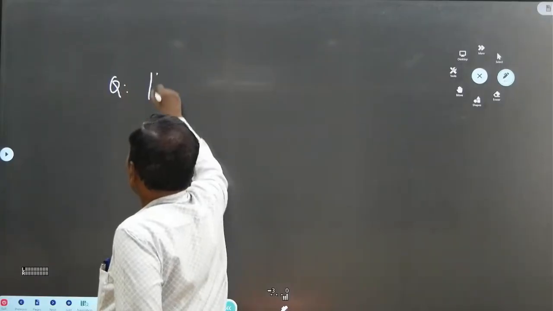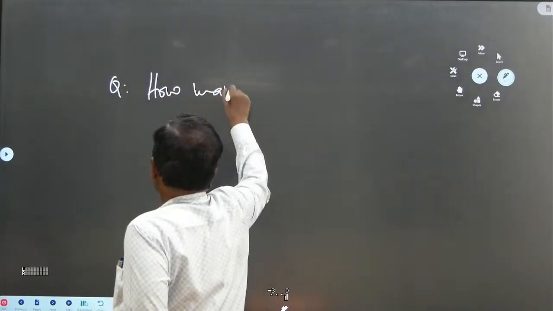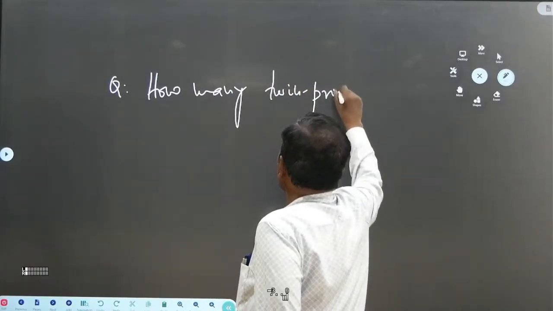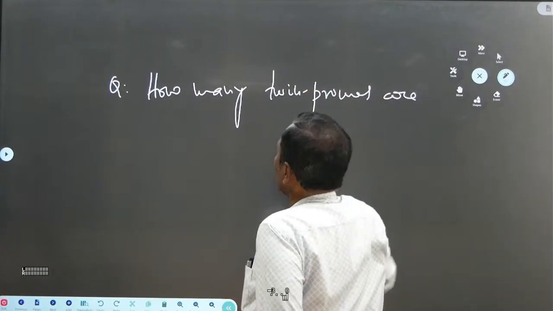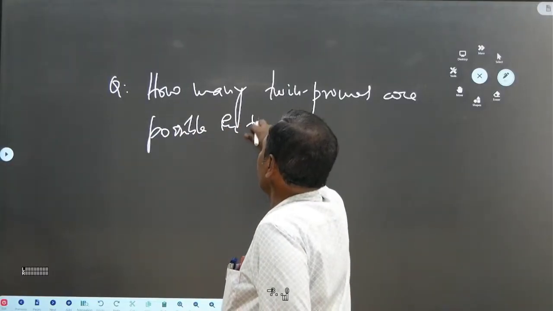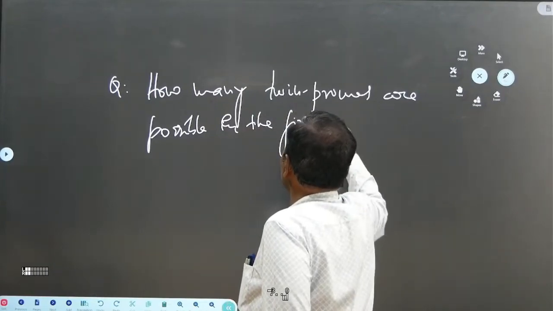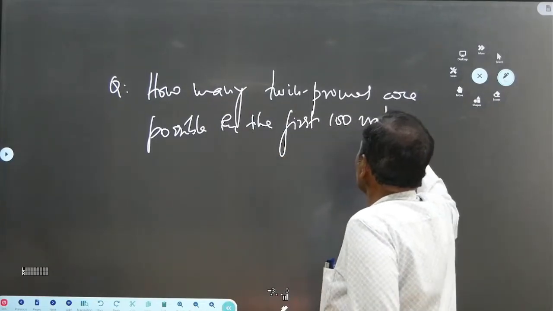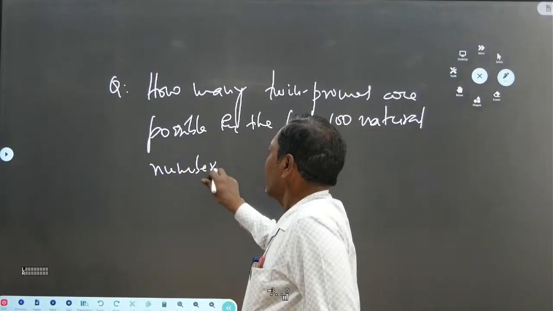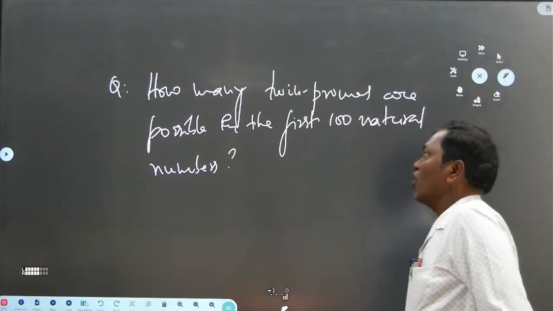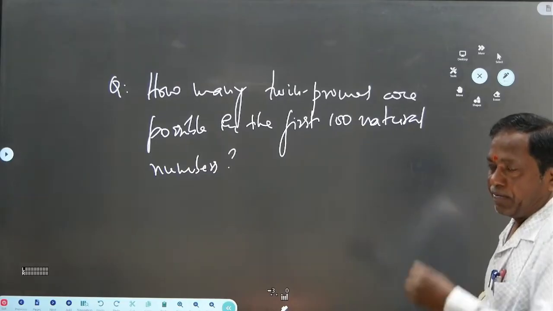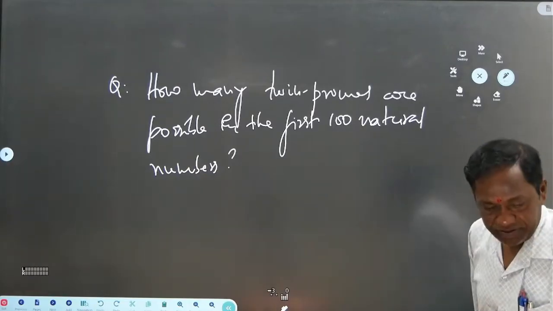Question: how many twin primes are possible in the first 100 natural numbers? How many are there?